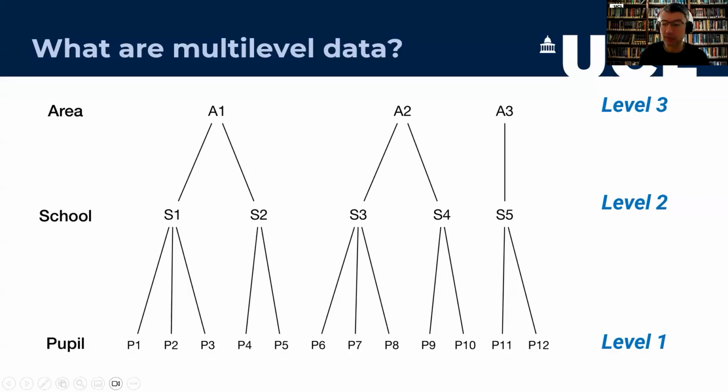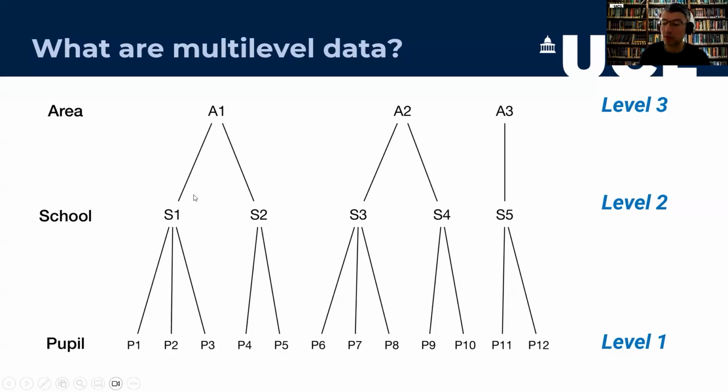And when we have these data sets here, one can expect that maybe the students that go in a specific school might actually share certain characteristics, so they might be quite similar, because maybe they live in a certain area, or because pupils from certain backgrounds are more likely to go to certain schools than others.